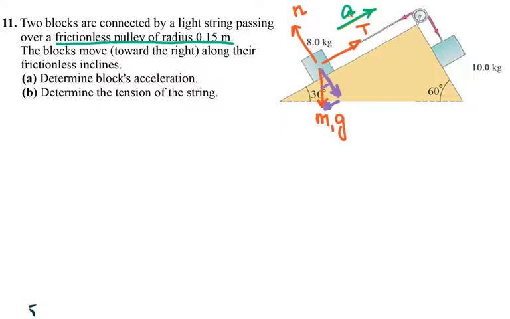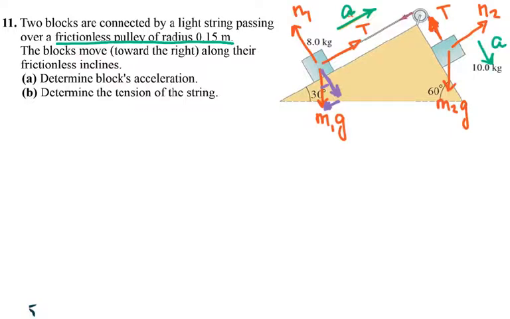Then for the next mass, I have the same. I have the tension. It's the same rope, so it's the same tension. The m2g force and the normal force. Let's call this one N1, and this one is N2. Then I have an acceleration in this direction.